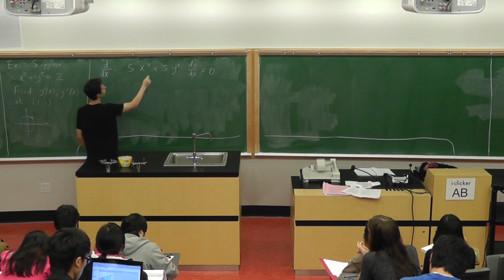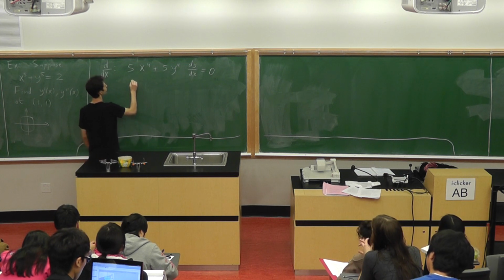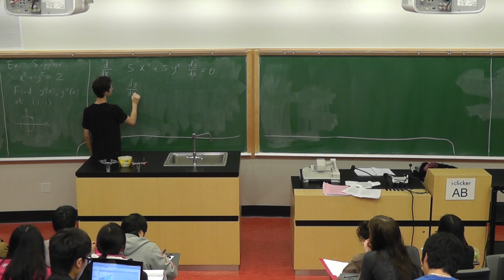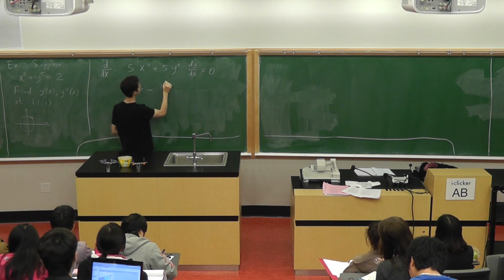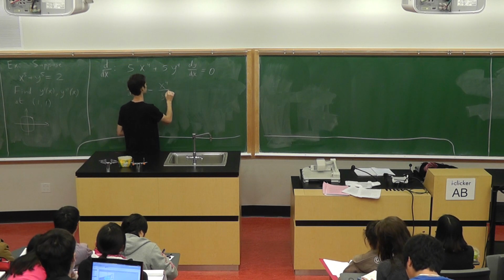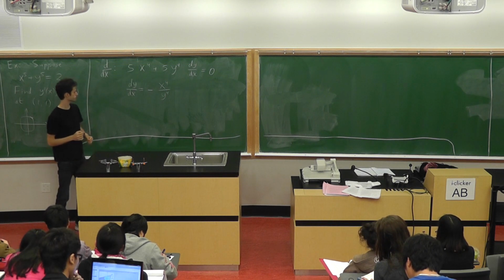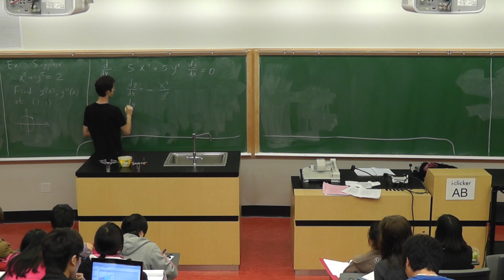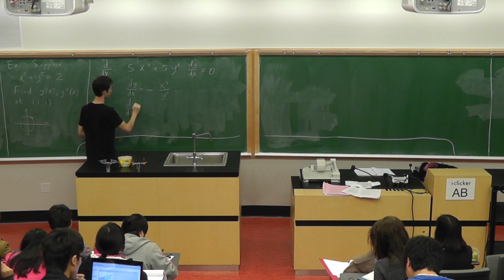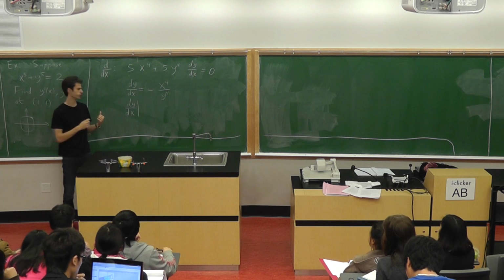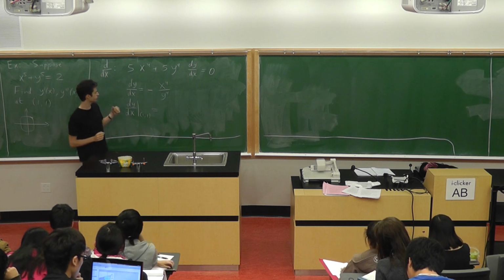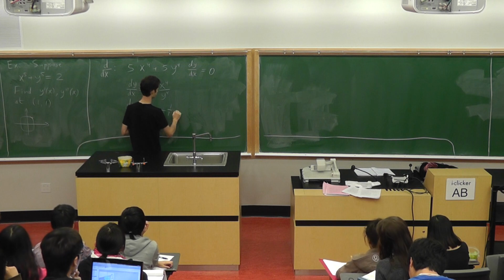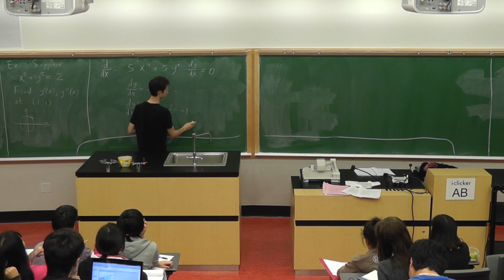Okay, very good. Now I find dy by dx, which is isolated, and I find it as minus x to the 4th over y to the 4th. And now I can plug in the numbers. At the point 1, 1, this derivative is minus 1 divided by 1, so it is minus 1.